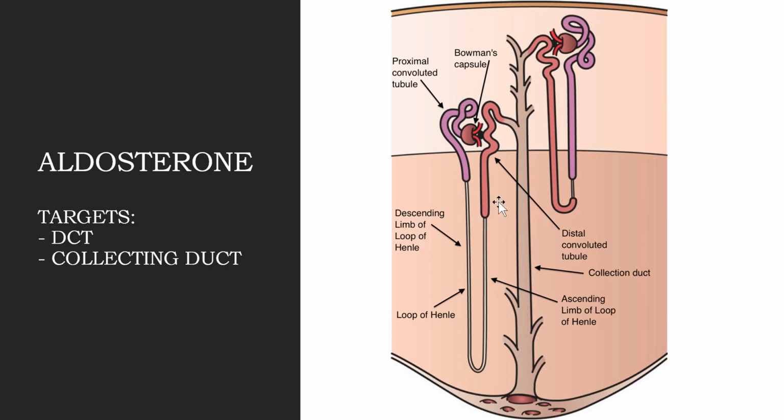Two places that sodium gets reabsorbed in the nephron are the distal convoluted tubule and the collecting duct. So when we're increasing sodium, that means that we're increasing our blood volume, and we're also bringing our blood pressure back up and bringing back the homeostasis that we're trying to achieve.